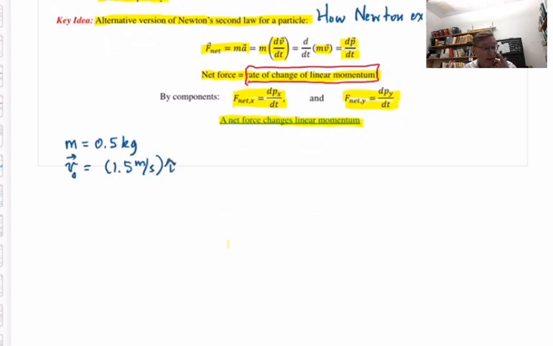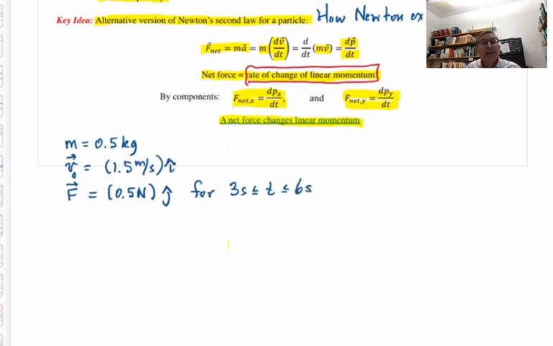Right? Initially, it's moving purely in the x direction. That applied force, F, that you saw, represented by the blue arrow, is 0.5 newtons, j hat, for the time interval, t, between 3 seconds and 6 seconds.